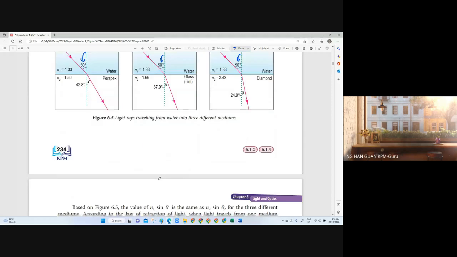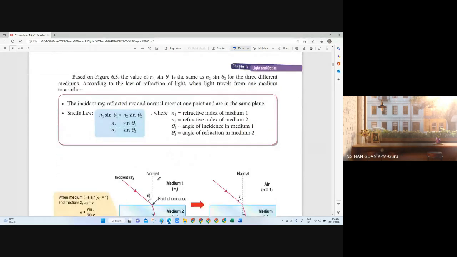Okay, so from this conclusion we can relate all the information to form Snell's law, which is n1 sine theta 1 equals n2 sine theta 2. All right, so this is the formula that we have.